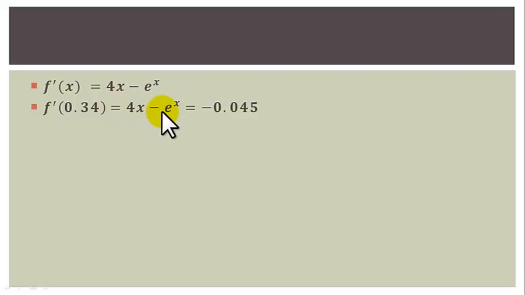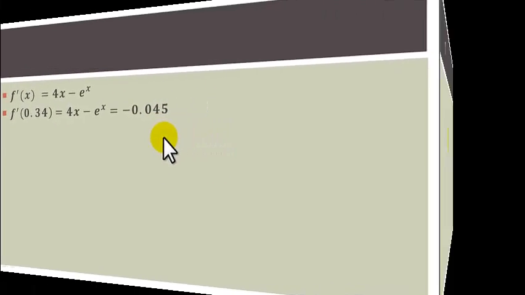Evaluating this will give us minus 0.045. Clearly, this is not equal to 0. Hence, the point 0.34 is not the optimum point for our original function. So we therefore need to select a new set of points to obtain another optimum point. So if we continue, we will finally arrive at f prime of x star equal to 0.